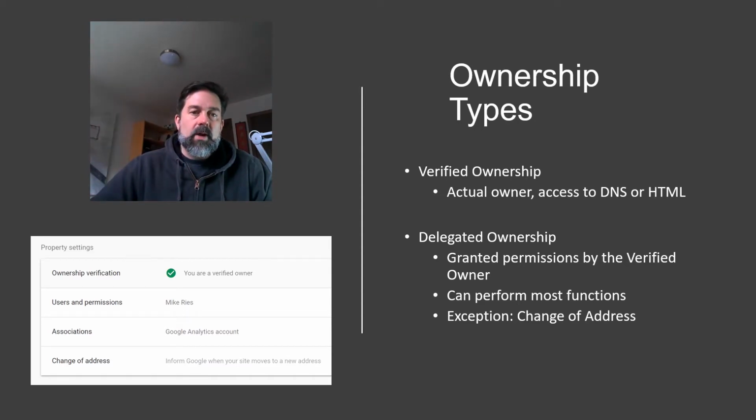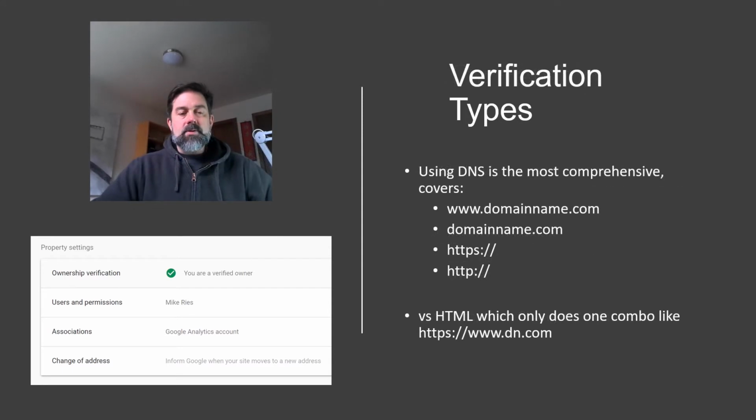This is where you're granted permissions by the verified owner and you can perform most functions in Google Search Console. The big exception is being able to make brand name changes where you actually change the address or the URL of the website. There are also a few different verification types.